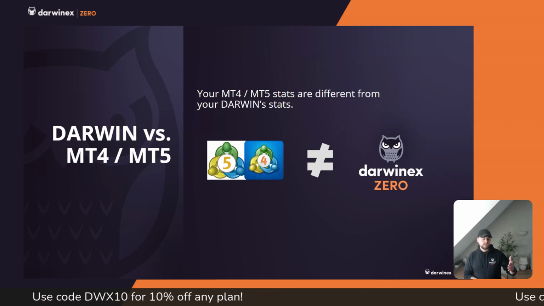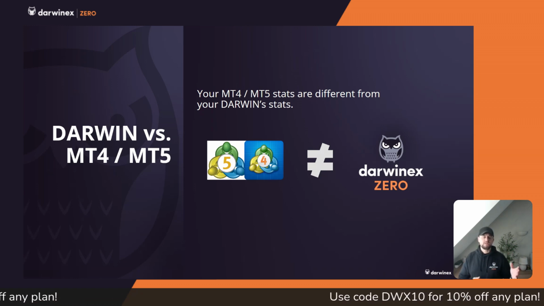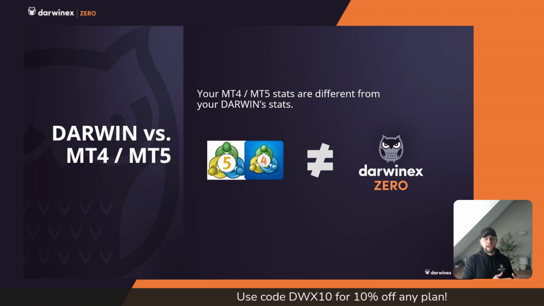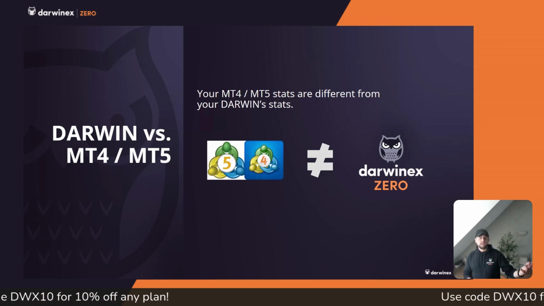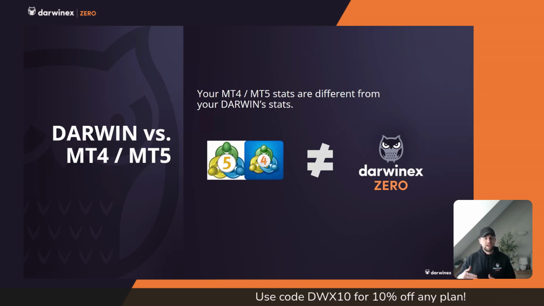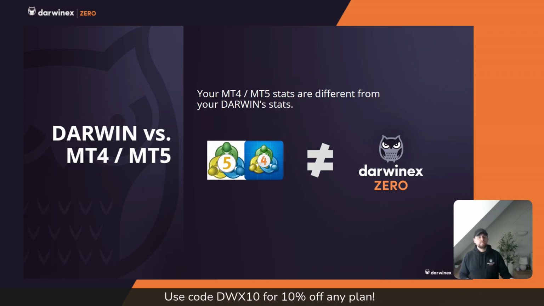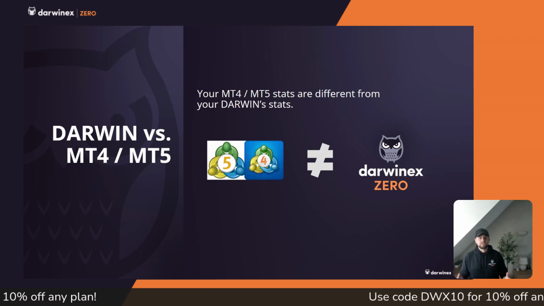So of course, if you're risk adjusted and your Darwin is basically trading half the size of what you trade, if you're up 10%, your Darwin's probably going to be closer to 5%. Alternatively, if you're trading at a value at risk of 3.25% and therefore your Darwin is trading at double the risk, let's say you're up 5% on your Signal account, your Darwin's probably going to be closer to 10%. So there will be a disparity between the two.